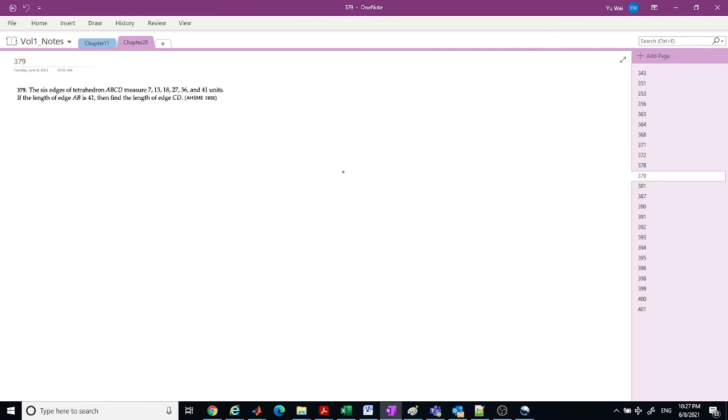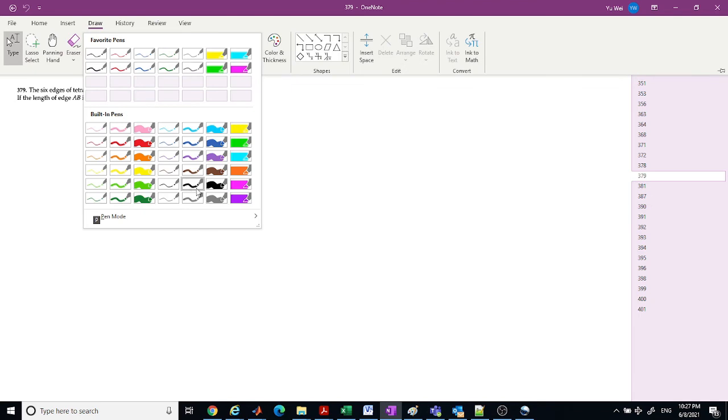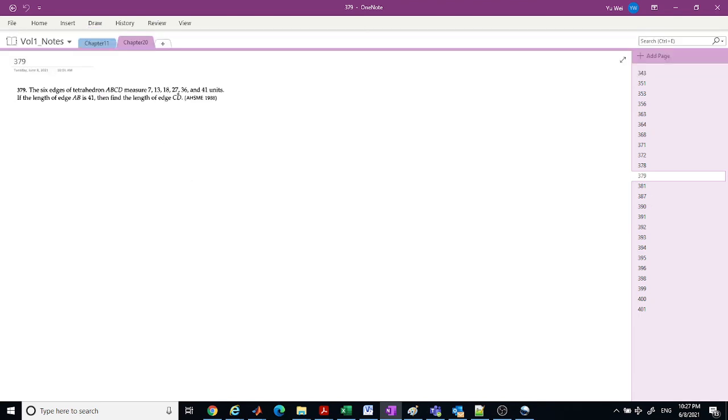Okay. So next problem is, the 6 edges of a tetrahedron are measured at 7, 13, 18, 27, 36, and 41.